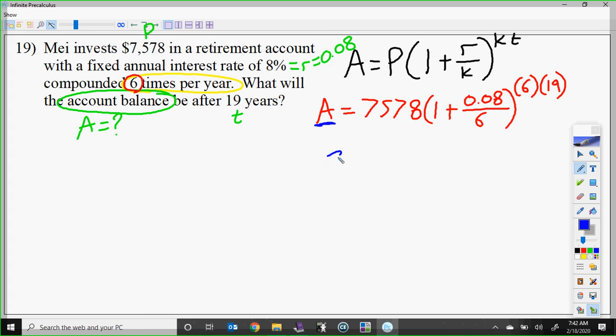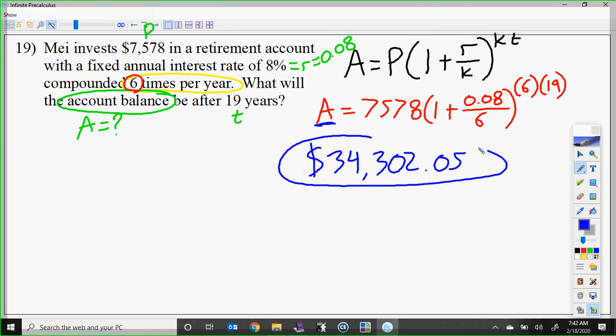And I end up with 34,302.05. Okay, so notice almost multiplied by 5 our money. So a much larger amount because of the number of years and the larger interest rate.